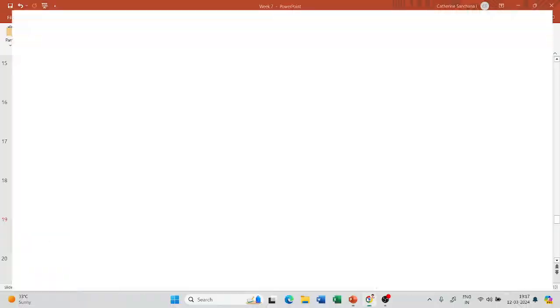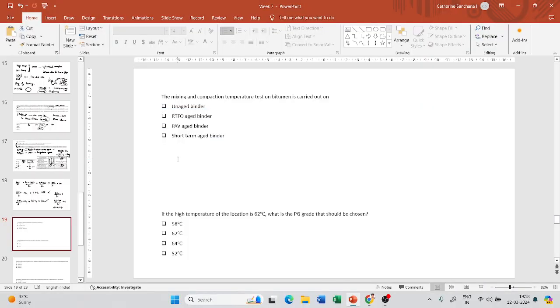Okay. So now moving on to the next question, which is the mixing and compaction temperature test on bitumen is carried out on what? So mixing and compaction, you do it on an unaged bitumen, original bitumen, right? Only after mixing and compaction, the temperature that the bitumen is subjected to during mixing and compaction is believed to age the bitumen, increase the stiffness, increase the viscosity of bitumen, and that is simulated by short-term aging.